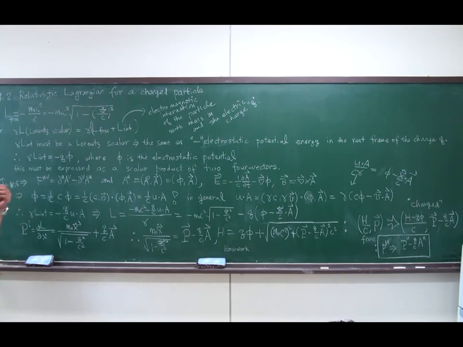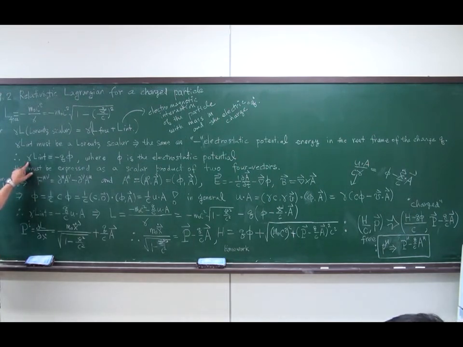It only feels the electric field, so the Lorentz force is simplified into just q times the electric field. In that case, the potential energy of the particle is just the charge q times the electrostatic potential phi. Because the Lagrangian in the rest frame is T minus U, the negative sign came from the minus interaction potential.